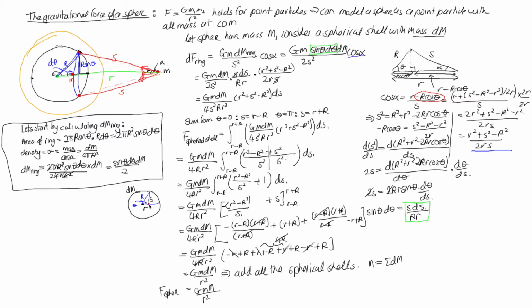And s is the distance of the mass to that point on the edge of the ring. Now, looking up at this equation here, almost everything in this equation remains the same. There's nothing which is going to affect the mass of the ring, so this sine theta, d theta and everything is still the same. What's possibly changed is this cos alpha. So alpha is this angle here. And let's just draw this triangle one more time.